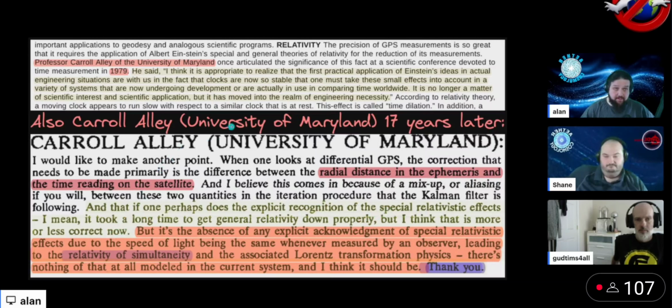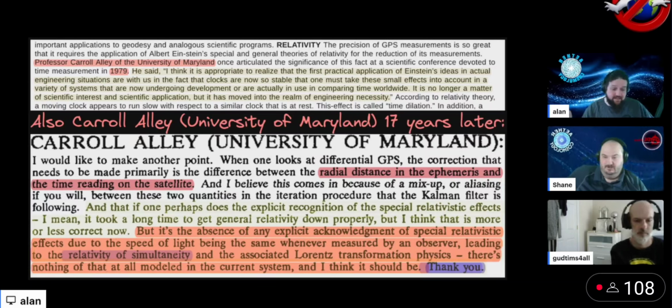So what they're talking about here in the overview was that they need to make GPS more accurate, but they don't know how to do it. And the current relativistic calculations that they had for general and special relativity were so small that they basically canceled each other out and they could ignore them. And so they go over in this overview, the authors bringing up the contentions of the engineers.